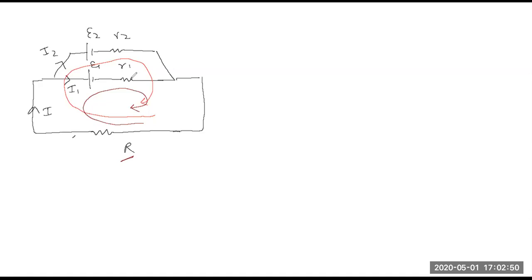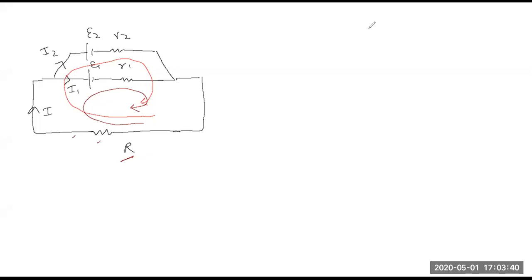I'll tell you what the benefit will be, right? We'll consider two loops, and one loop will include this main resistance and this branch, and the other loop will include this main resistance and that branch.